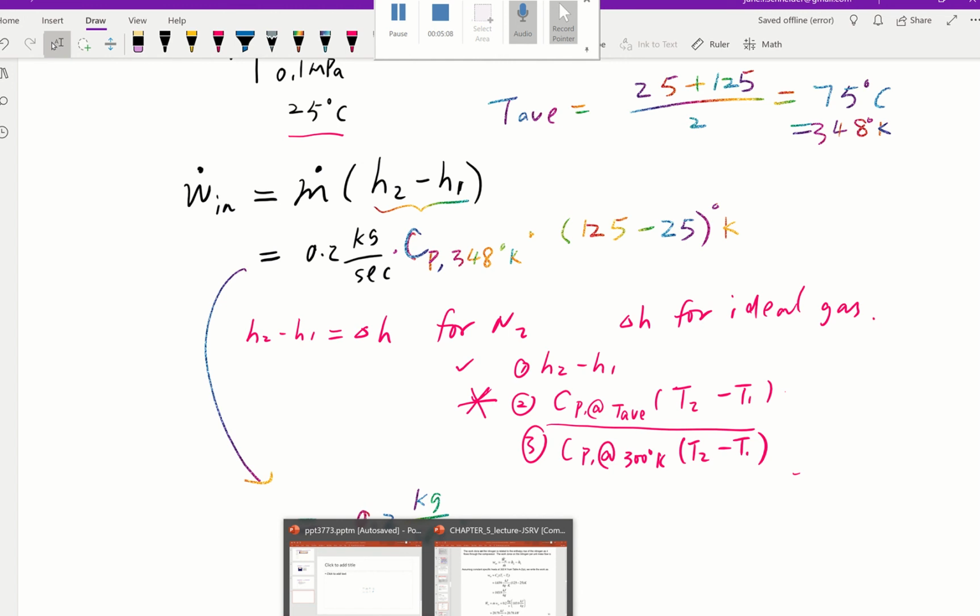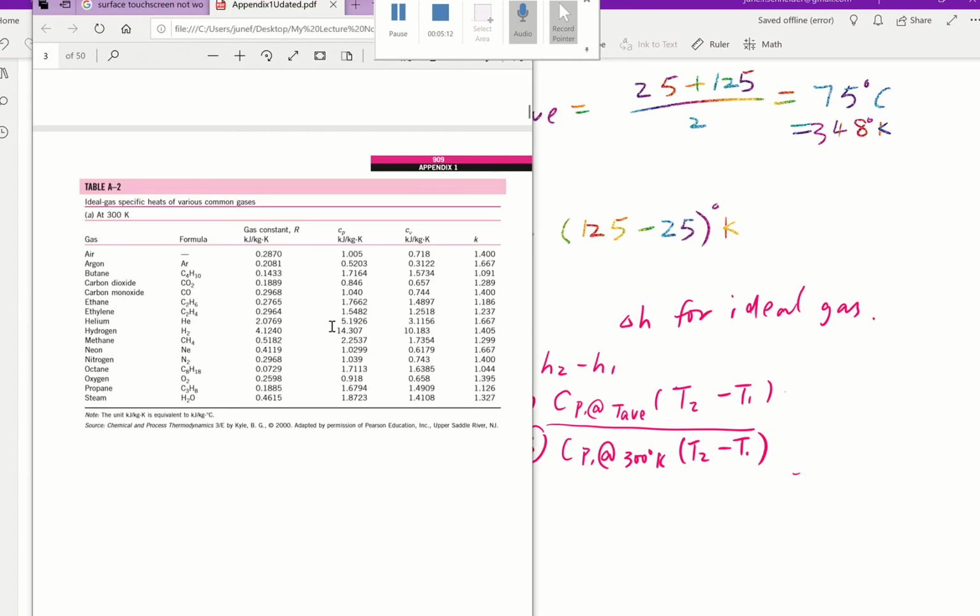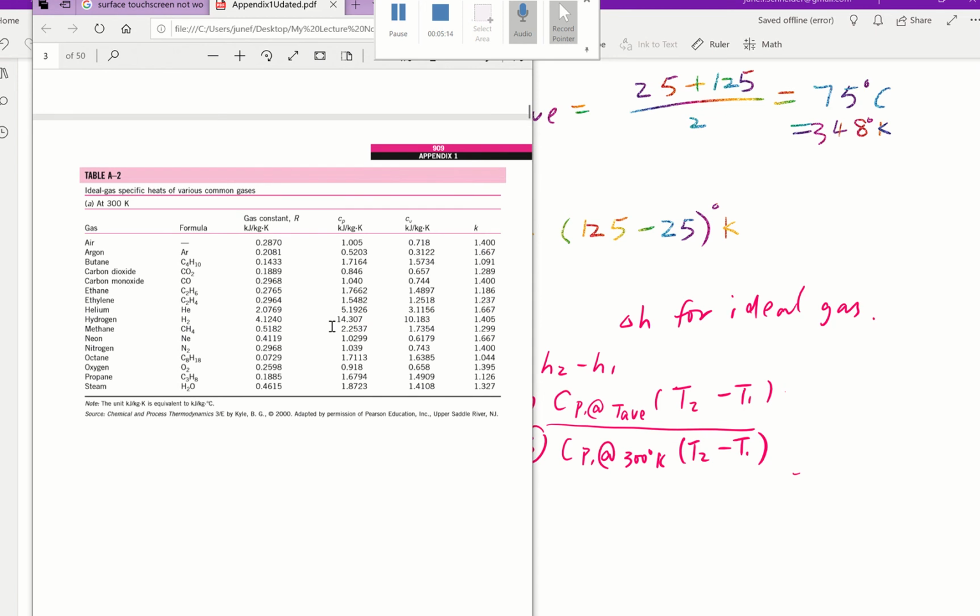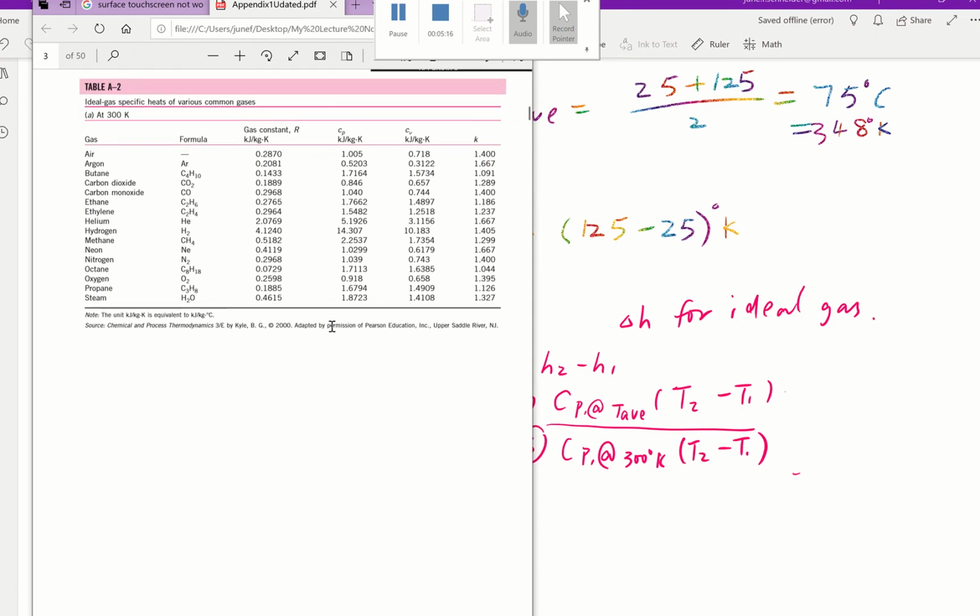But let's go ahead and look at our table. That's going to be our nitrogen. If we're using 300 for nitrogen, let's go down the list, we'd use this one right here, 1.039. We can potentially use that.